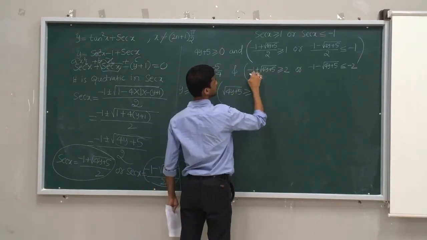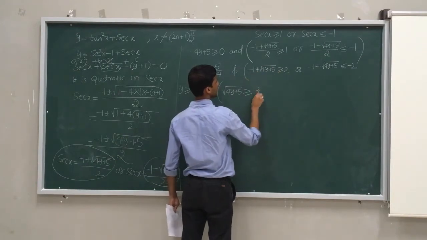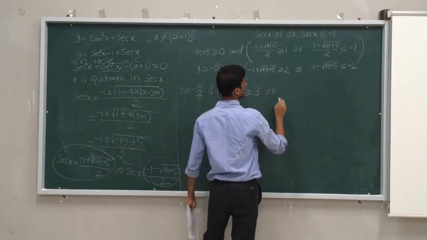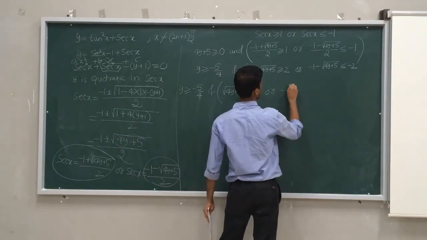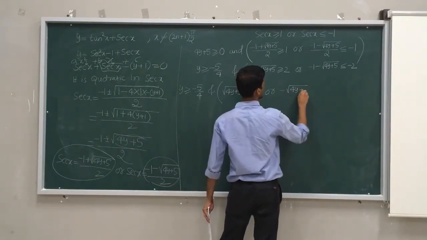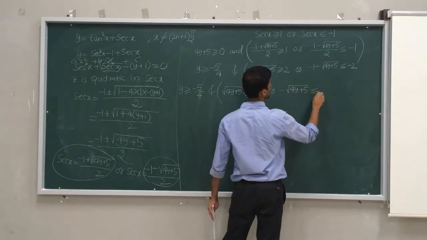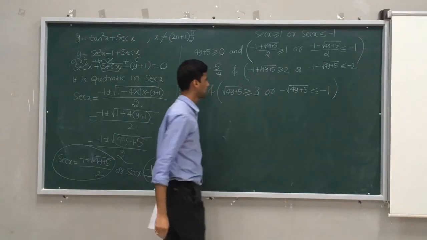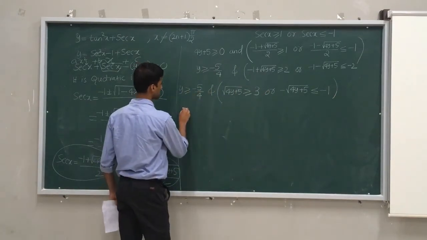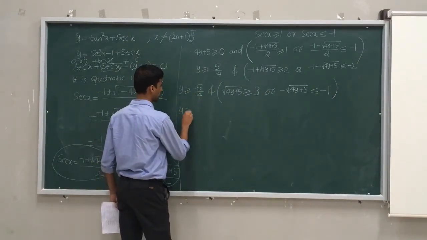So minus 1 plus 1 becomes 0, 2 plus 1 becomes 3, or to remove this, add plus 1 here. So this becomes minus root of 4y plus 5 less than or equal to, when you add plus 1, it becomes minus.